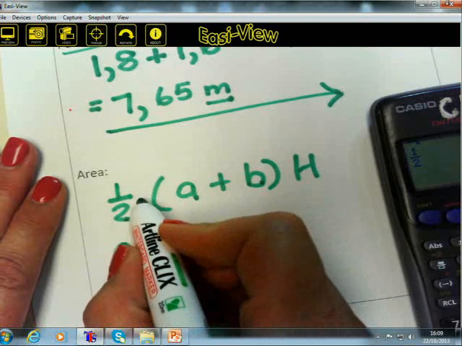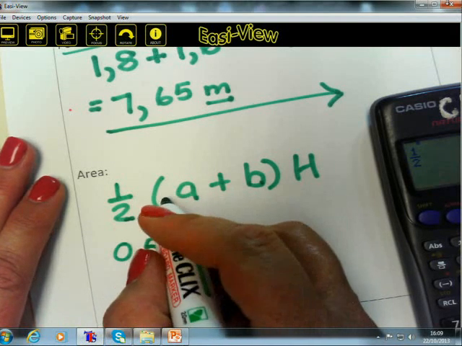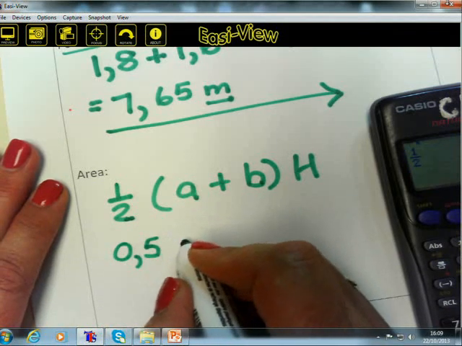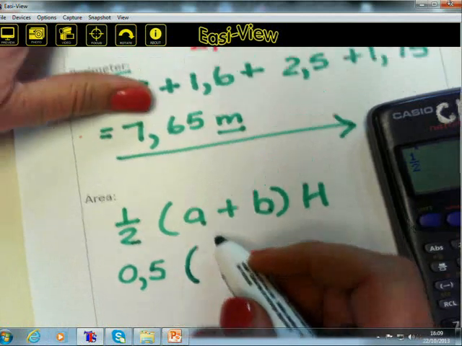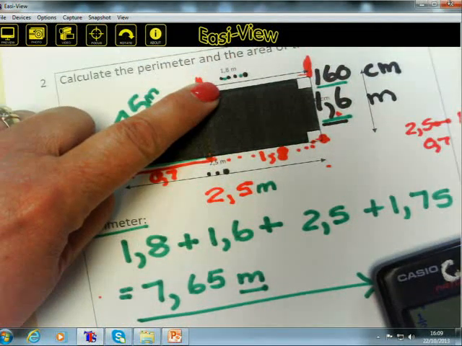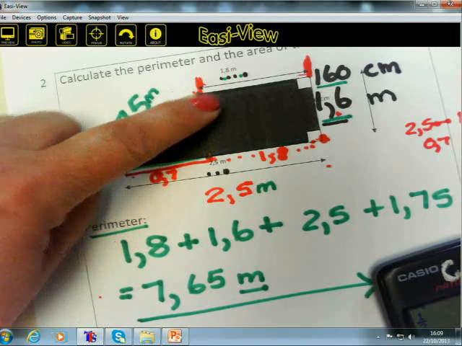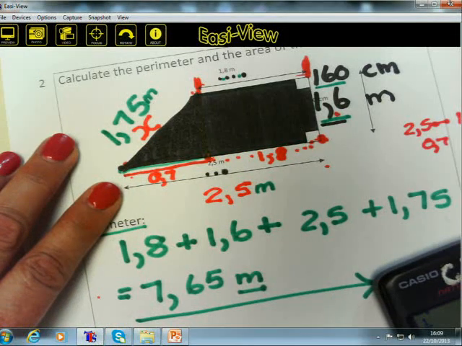Now what is happening between a half and the bracket? Brackets mean we are going to multiply. So we multiply. What is the length of A? If I can just refer back, that length will be 1,8 plus B, this side here, was 2,5.